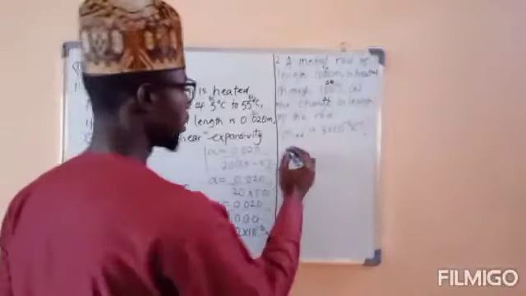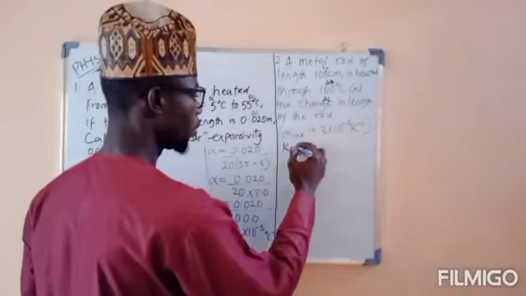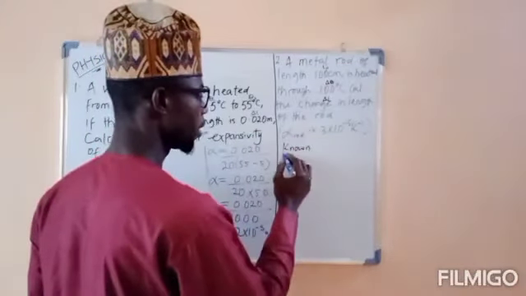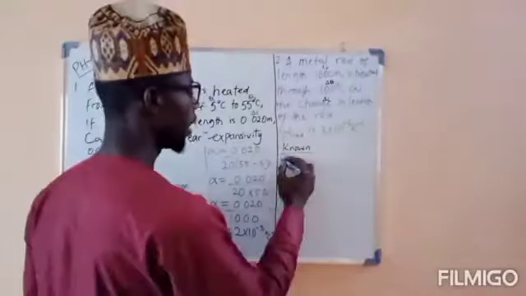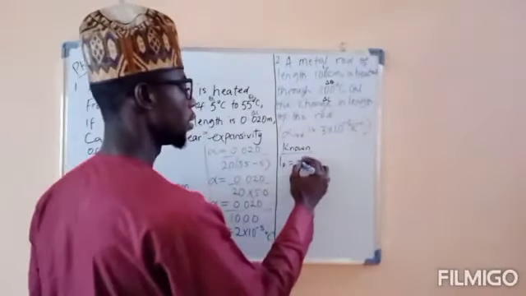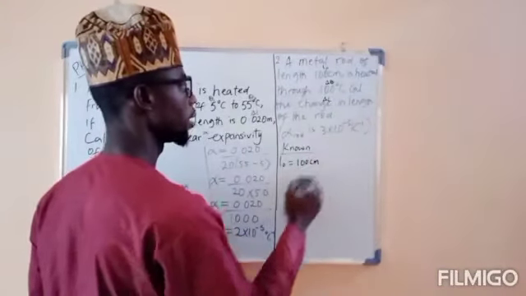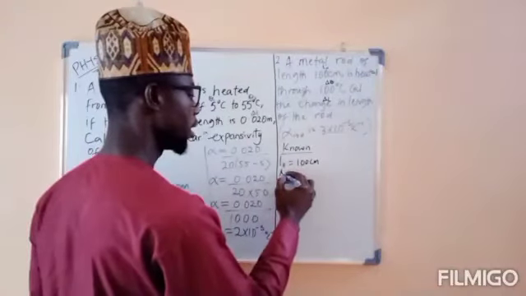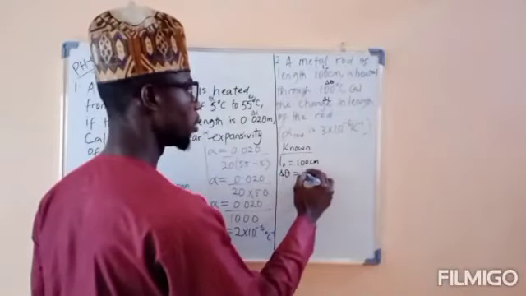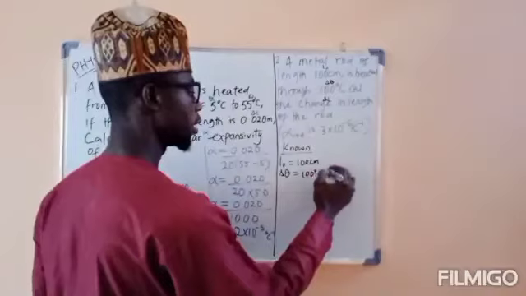So here, let's bring out our known. As usual, known, we have L0 is 100 centimeter. We have change in theta to be 100 degrees Celsius.